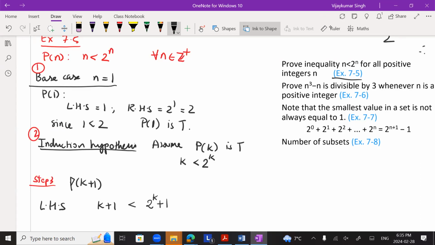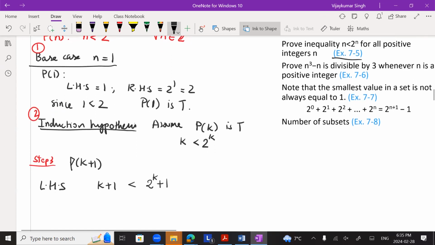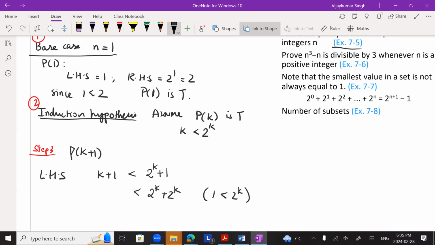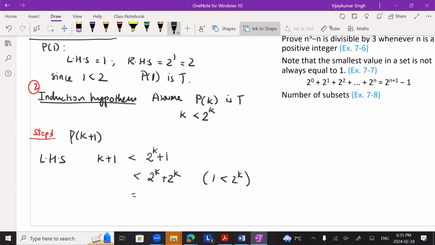Now here is a very interesting trick. Do you agree that this is less than 2 to the power k plus 2 to the power k? Because 1 is less than 2 to the power k, no matter what. And then what do you get? 2 to the power k plus 2 to the power k is 2 times 2 to the power k, which is 2 to the power k plus 1.